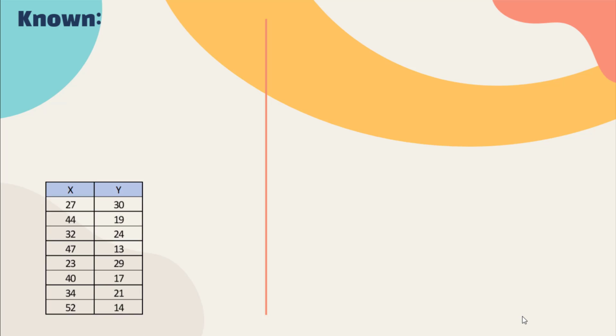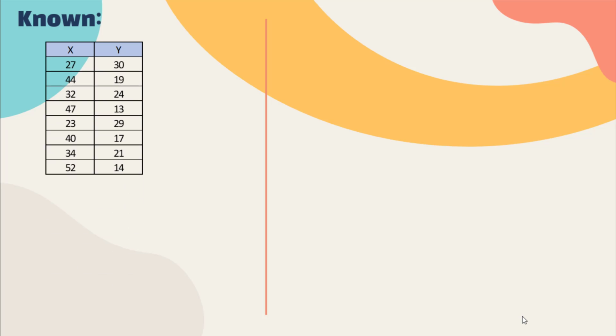For the answer to number 2, we know that the table has X and Y data. X is the weight of the car in hundreds of pounds and Y is miles per gallon, or mpg. And alpha is 5%, or equal to 0.05.